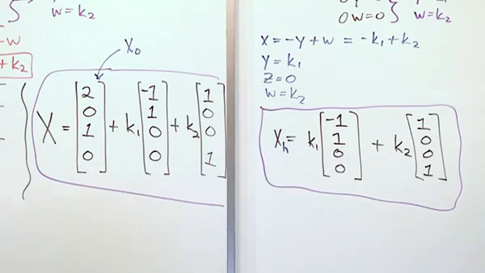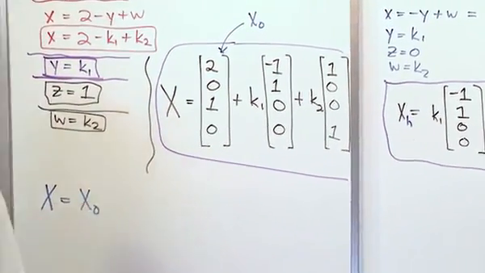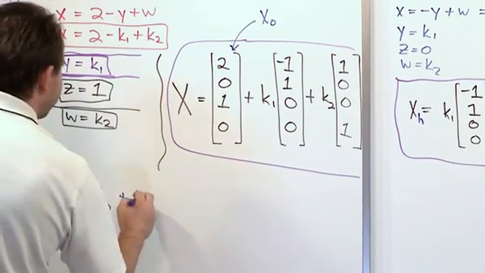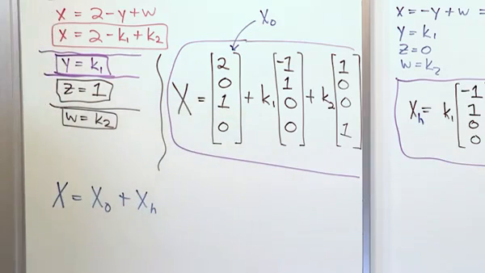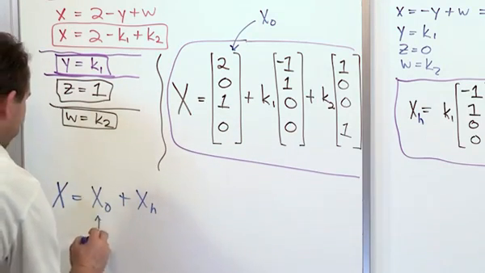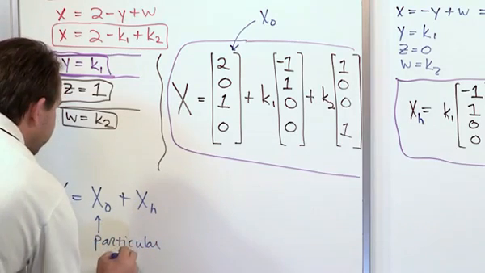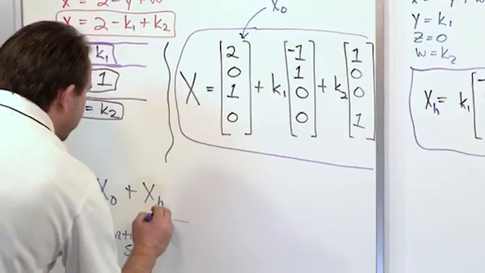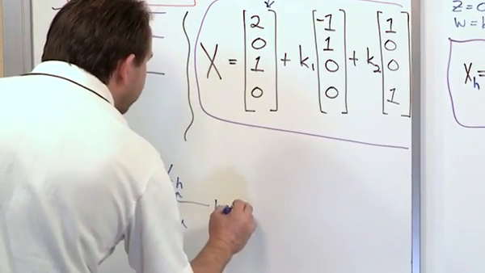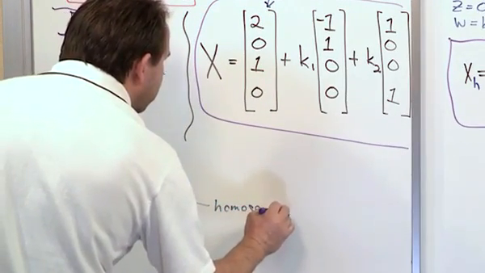And then what you can say is that the solution for any non-homogeneous set of equations is equal to some column vector, x naught, plus some solution to the related homogeneous set of equations. So this we're going to call a particular solution, and this we're going to call the homogeneous solution.